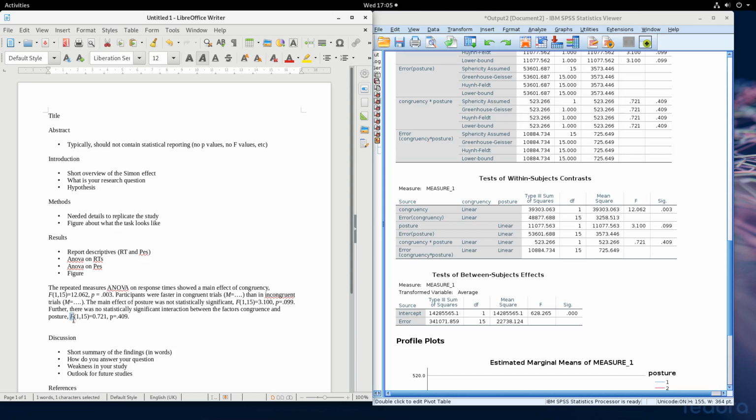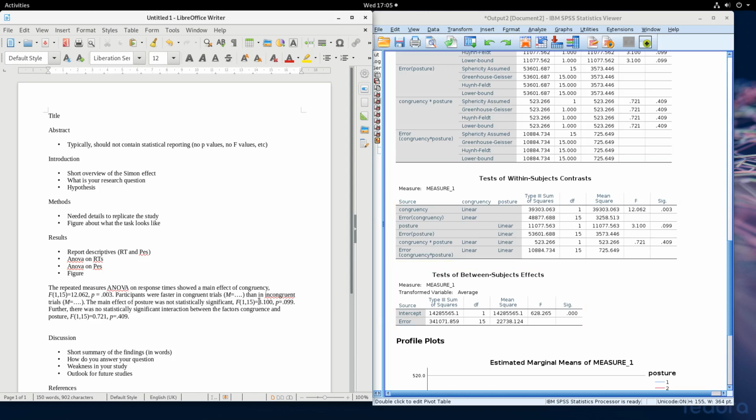Now, if it had been significant, I would have reported the Simon effect in both cases. Just imagine for a second that this would have been significant. Forget about this.